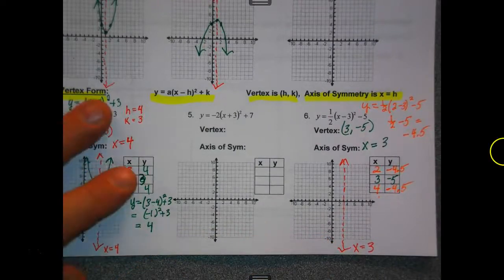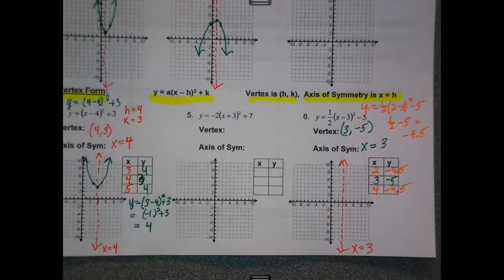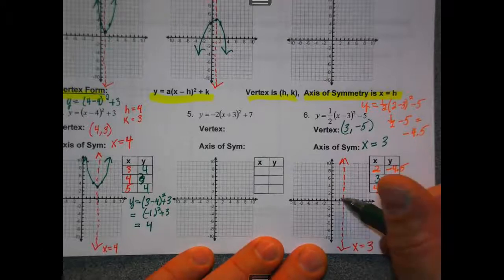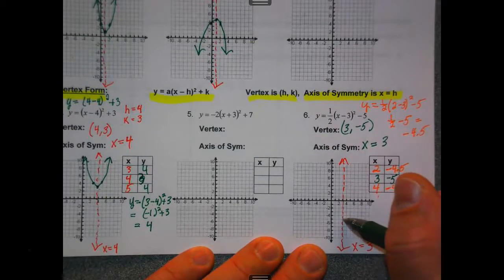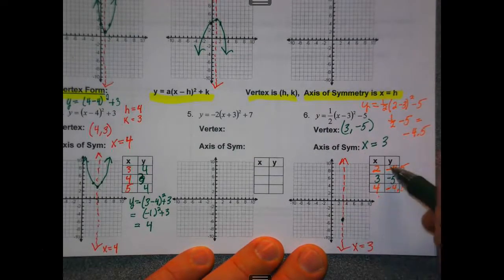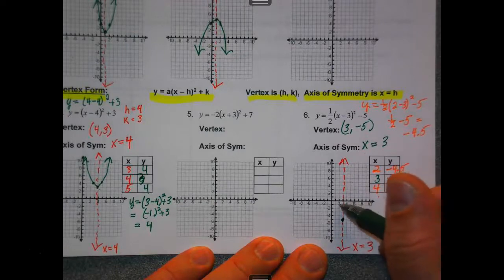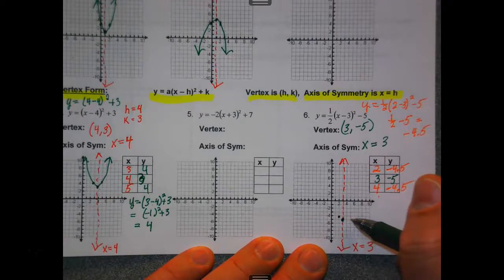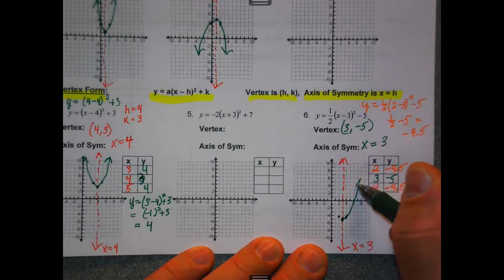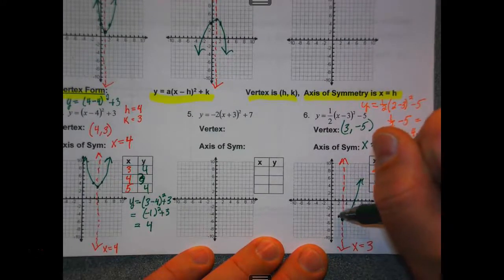Okay, let's plot these. (3, negative 5), (2, negative 4.5), and (4, negative 4.5). So this thing's going to be pretty wide.